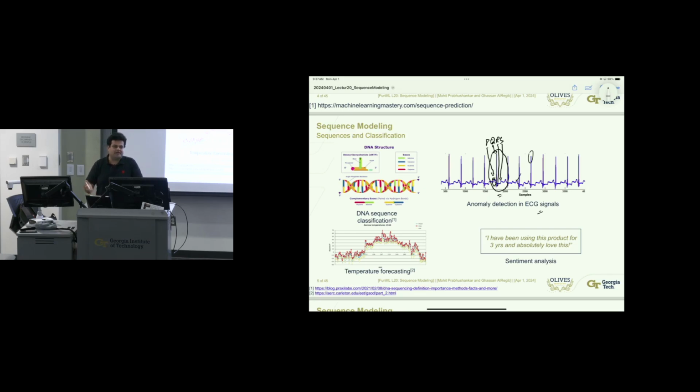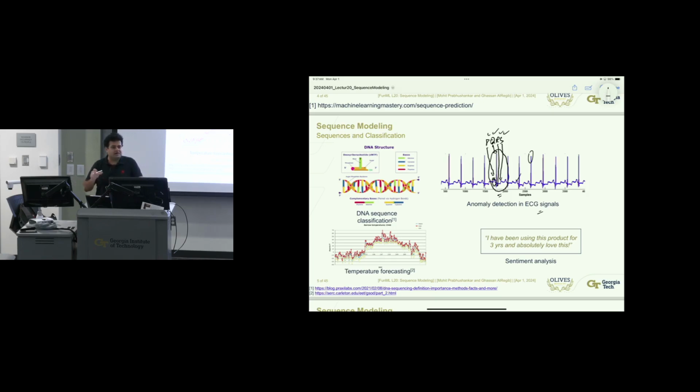The way you would detect some problem exists in this signal is basically by saying that, okay, maybe your Q is not acting the way it needs to, in which case maybe there is some kind of a heart issue, atrial fibrillation, or any other kind of issues that might exist in these ECG signals, right? So in this case, you need to know about P, Q, R, and S, the fact that they all exist together, and the fact that they exist one after the other.